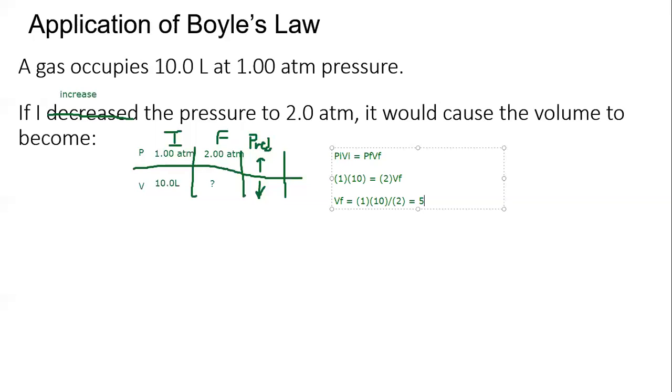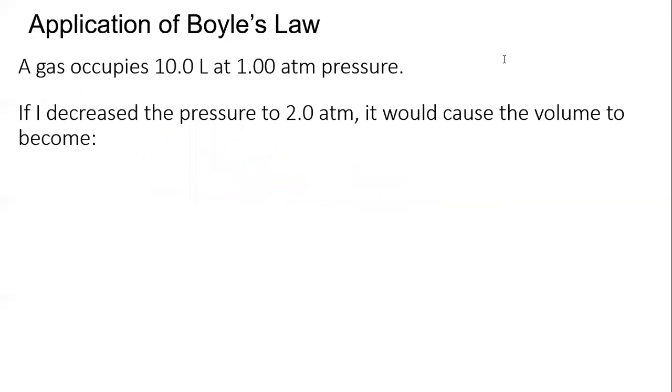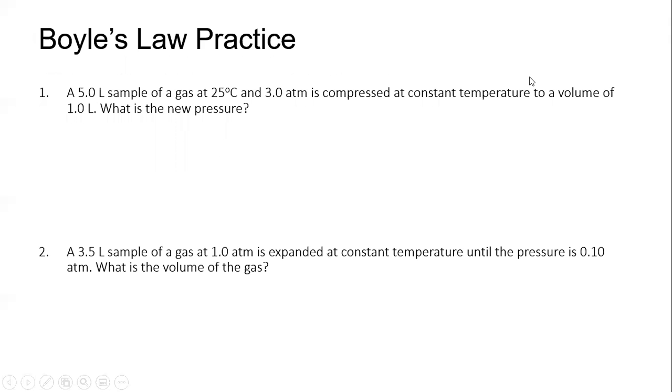And this would be 5 liters. So just like we predicted, if pressure increases, volume should decrease. We'll look at some more examples of this law, and then we'll take a brief minute if there's any questions. This was one example. Look at 2 more examples.